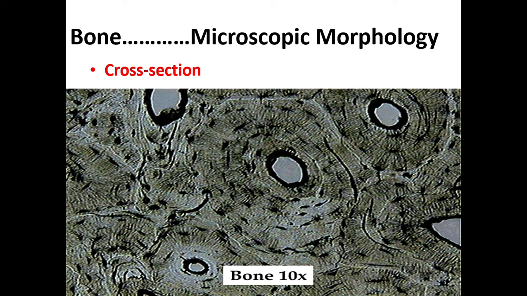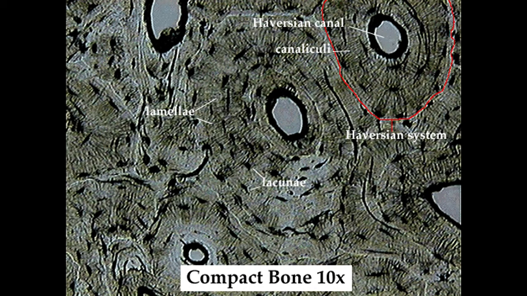So these are the morphological characteristics of the bone, very easy to identify under the microscope because of the arrangement of the osteon or Haversian system. We have here again the different osteon bone tissue with the parts labeled.